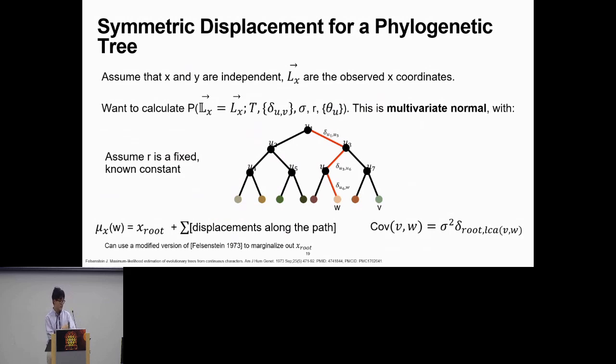If we assume a fixed constant r, then we can calculate the mean of each leaf node by summing the displacements along the path from the root of the tree down to the leaf, plus the location of the x root. The covariance of this multivariate normal between any two leaf nodes is equal to the sigma squared parameter times the amount of time that these two leaf nodes have co-evolved together. Conveniently, we can use a modified version of Felsenstein's algorithm for Brownian motion to marginalize out this x root.